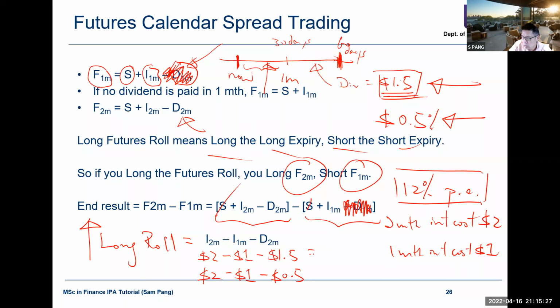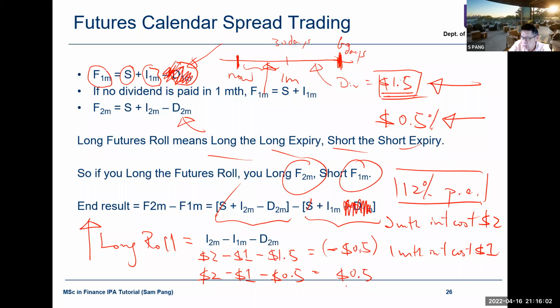So when you bought that, it was negative, so you will pay this amount. But what is the price now? So 2 minus 1, this is 50 cents.